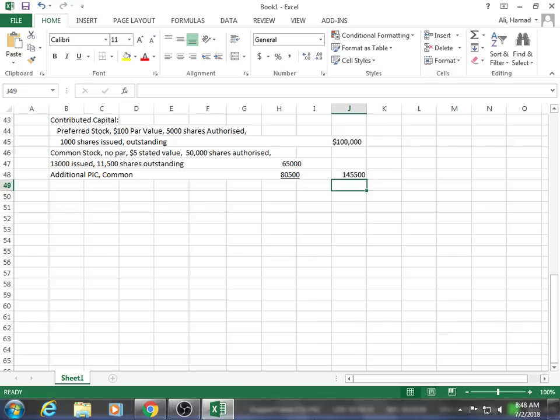Add the 100,000 and the 145,500 is 245,500. That's the total contributed capital.